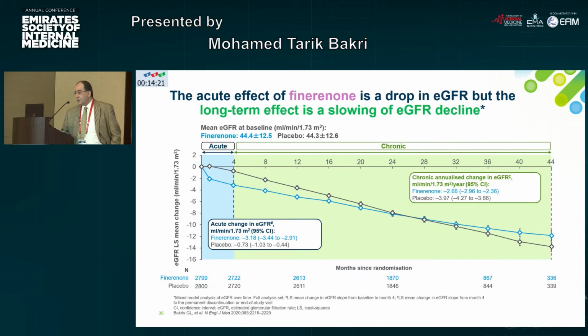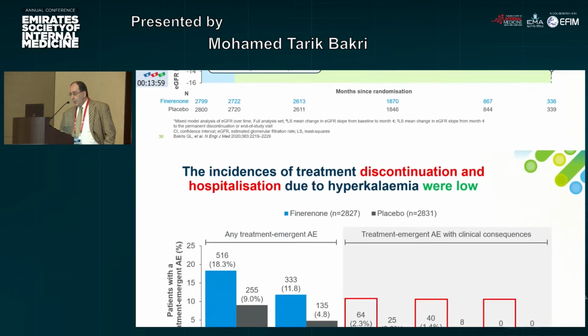As with SGLT2 inhibitors, ACE inhibitors and ARBs, we can also see an acute reduction initially in the GFR, but very minimal, a maximum of 3, and the effect over the rest of the study was beneficial by reducing the deterioration of the CKD.